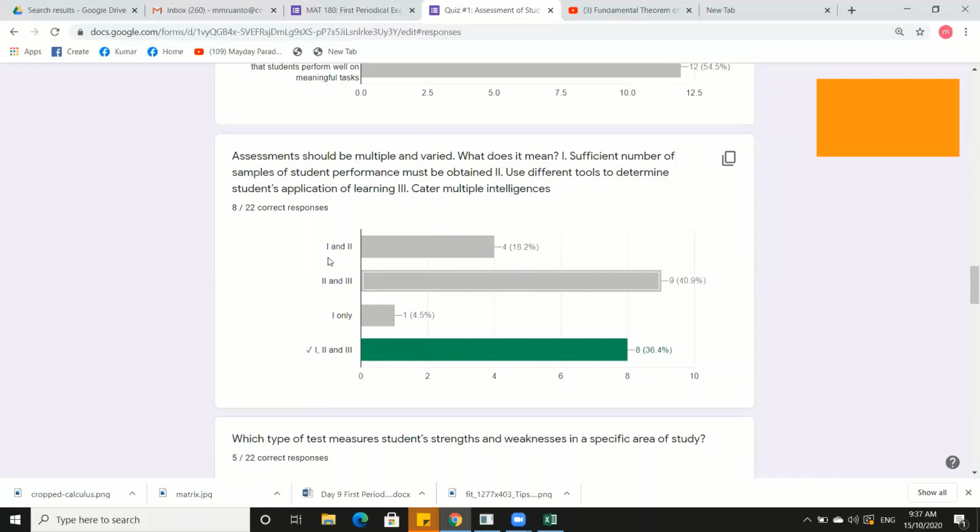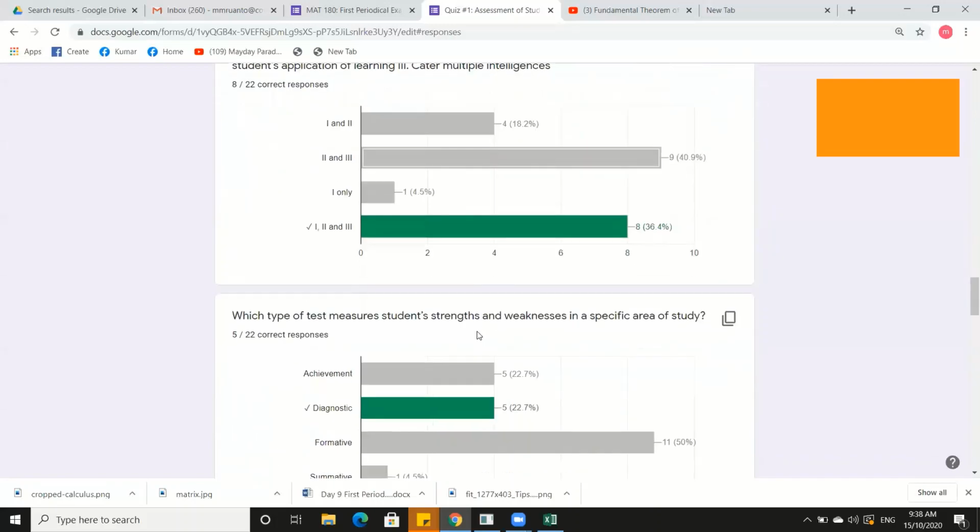So it could be A and B. Cater to multiple intelligences, that is also true. That is the reason why we do multiple and varied assessment methods. So therefore, 1, 2, and 3 are correct. So therefore, the answer is letter D.